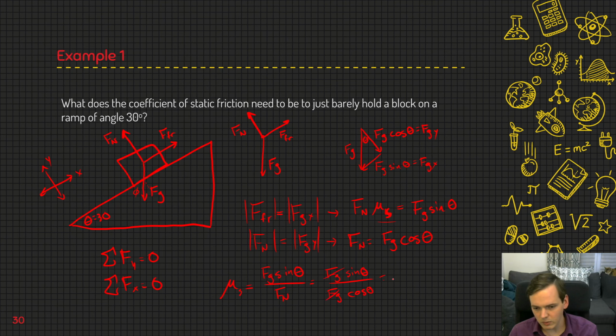The Fg's cancel, so we get tangent of theta. So mu static equals tangent of 30 degrees, which I don't know what that is offhand, but you can go and plug that in and figure that out. The next video will show a slightly more involved example if you want to check that out.